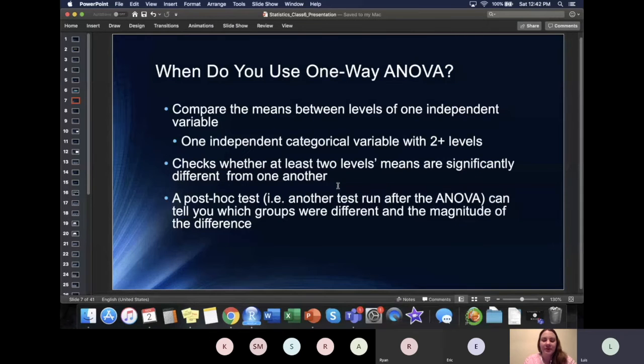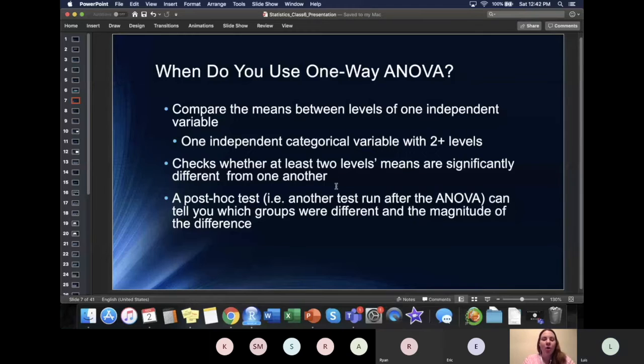Say you have 4 levels. When you get a significant result, that means that at least 2 levels in that categorical variable are significantly different from one another. That is a little different from anything else you'll really ever see. It's pretty particular to ANOVA.